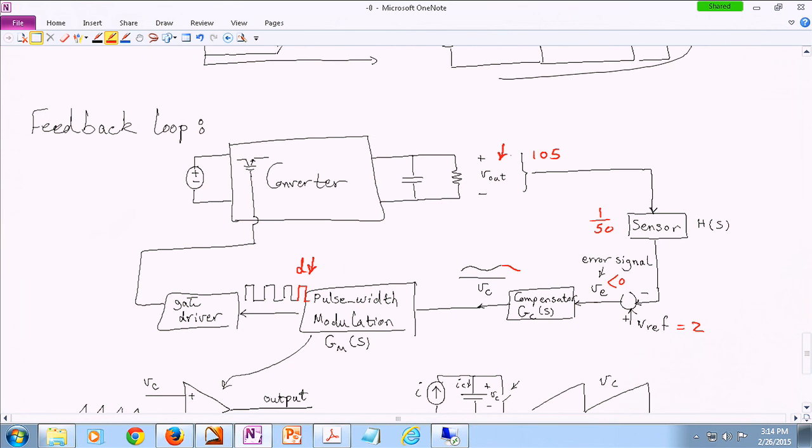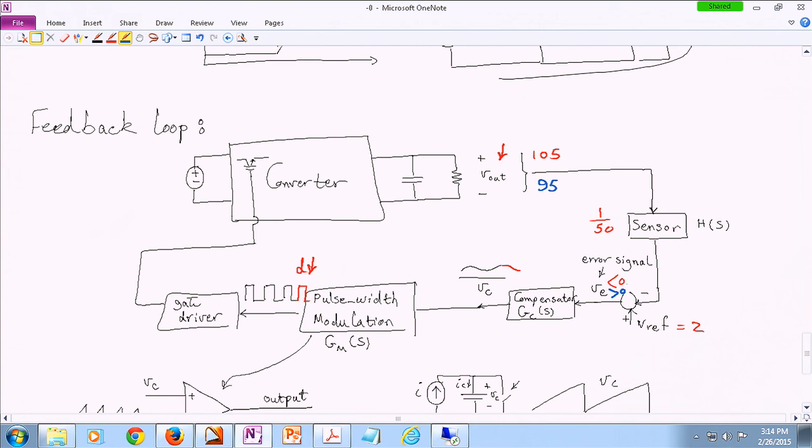So if it is more than where it is supposed to be, there is a mechanism here to bring it down. What if it is smaller than what it is supposed to be? Let's say it is 95. So 95 gets divided by 50. It's smaller than 2, so this error gets positive.